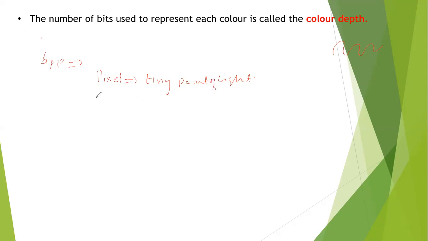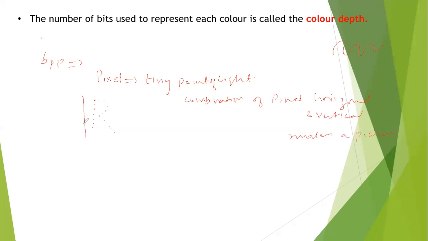These pixels are arranged like this. I'm putting a dot; these are pixels. A pixel is the smallest element of a picture. The combination of pixels, horizontal and vertical, makes a picture or image.